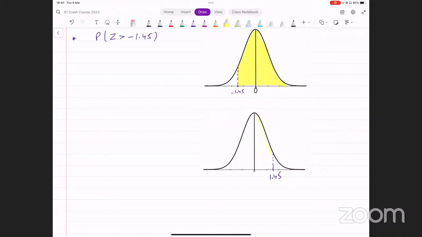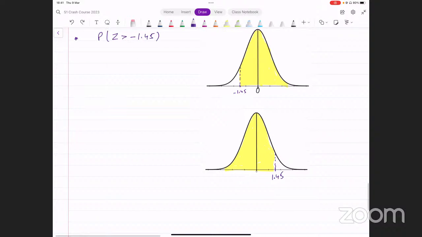That's this region. Now, this area is equal to the area that you have above. Since the curve is symmetric, the area to the right of minus 1.45 would be equal to the area towards the left of plus 1.45.